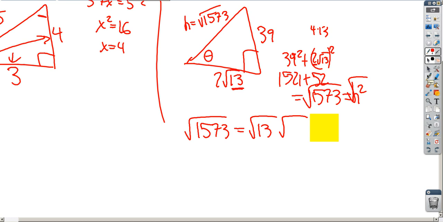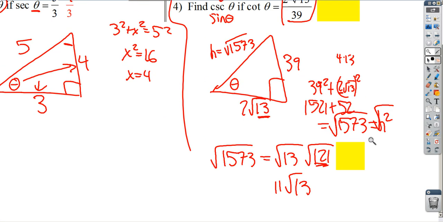That leaves over 273, which is 21 times 13. So that actually goes in 121 times. So basically we're looking for perfect squares. That's a perfect square. So this is the same thing as 11 radical 13 as our hypotenuse right there. And again, the way I knew 13 was going into it was because I saw that that other leg was 2 radical 13. So that's usually a good hint or a good indicator.